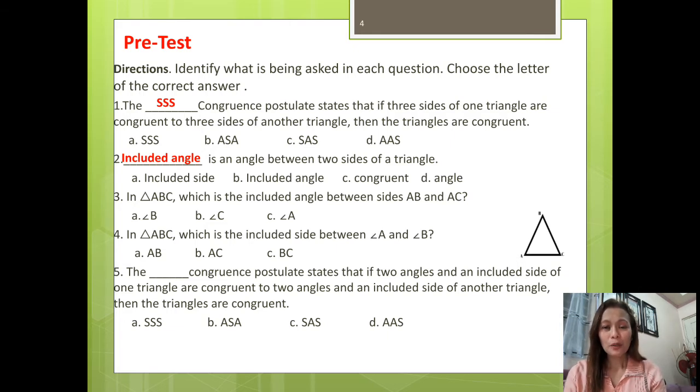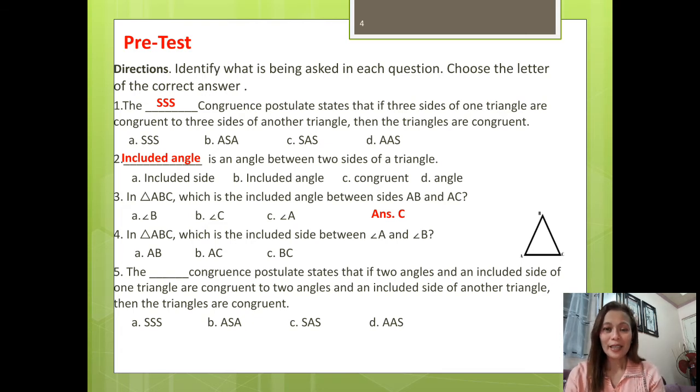Next, number 3. Refer to the figure of a triangle at the right. In triangle ABC, which is the included angle between side AB and side AC? Letter A, angle B. Letter B, angle C. Or letter C, angle A. So the answer is letter C, and that is angle A. For number 4, same figure, triangle ABC, which is the included side between angle A and angle B?